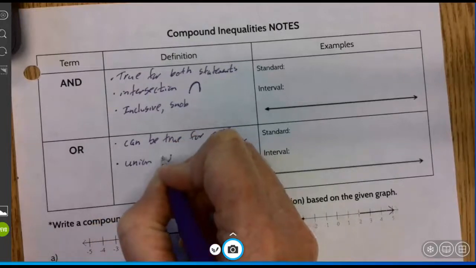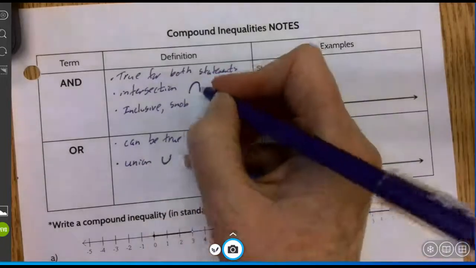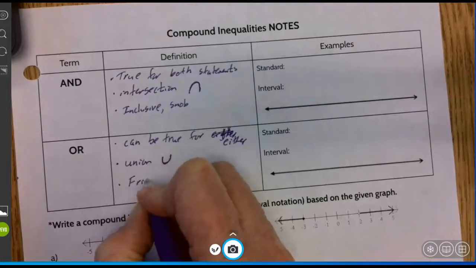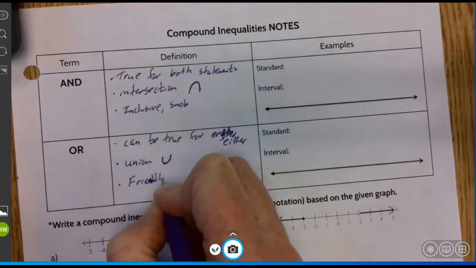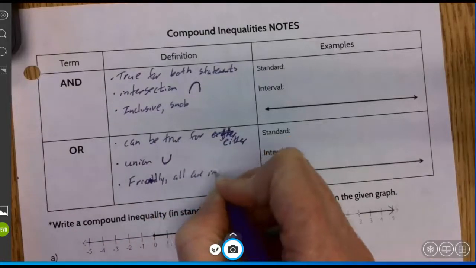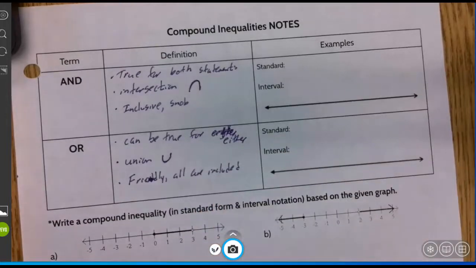And it's going to be a right side up U, but no tail, no tail. Okay, and or is friendly. Friendly. All are included. Okay, so that's how you remember it too. Everything is included with or, and only inclusive with and.